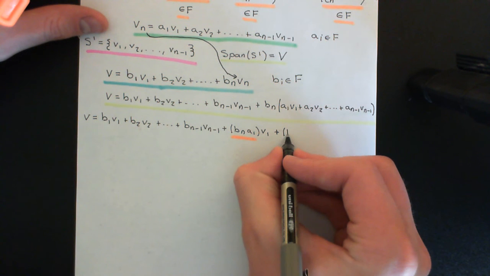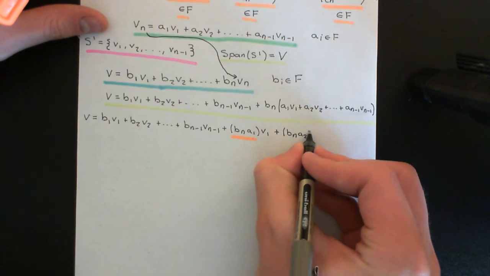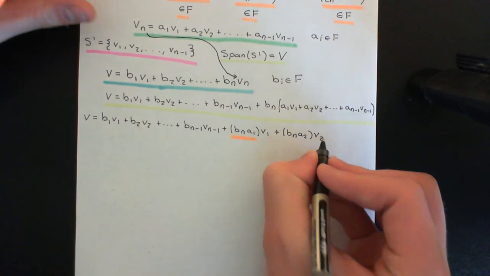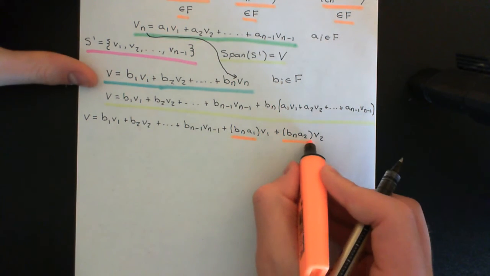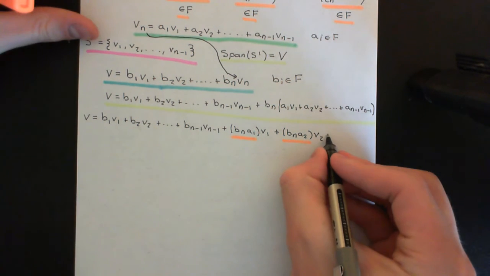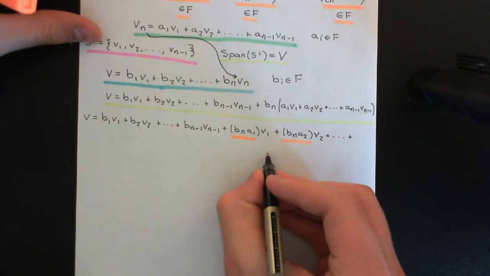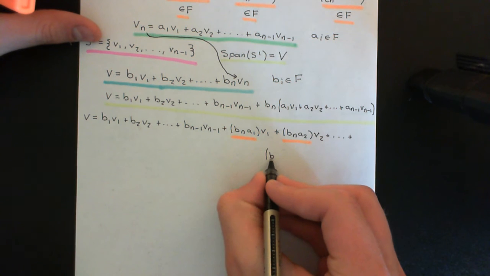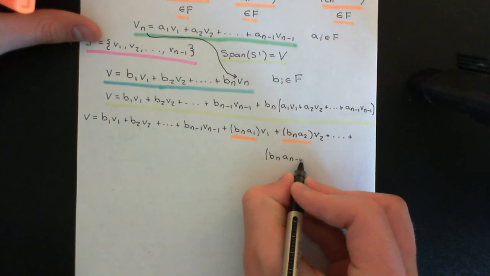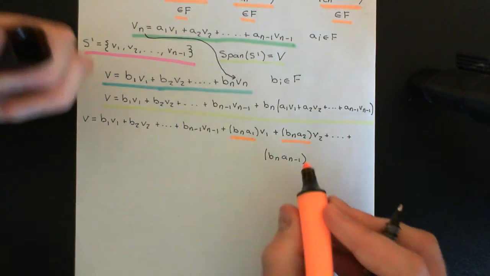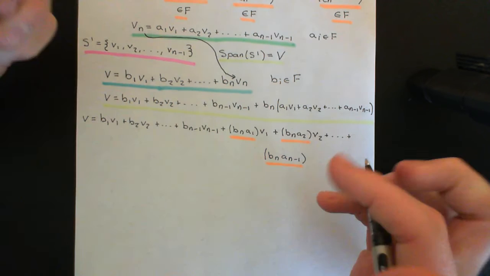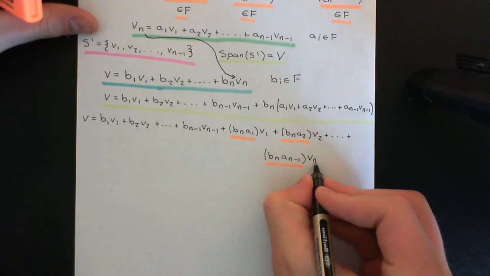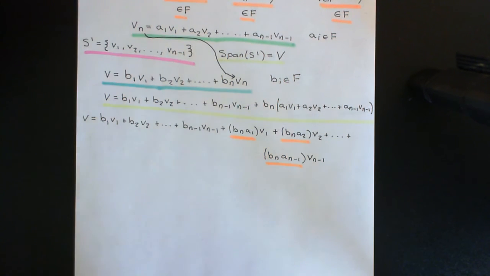Then I'll have plus bn times a2, again multiplied in the field, and then scalar multiplied by v2, like so, and then it will continue on plus dot dot dot all the way up until we finally end up with bn times an minus 1, like so. So these two are multiplied again in the field, and then scalar multiply that by vn minus 1 here. Okay, so that's perfectly valid to do.